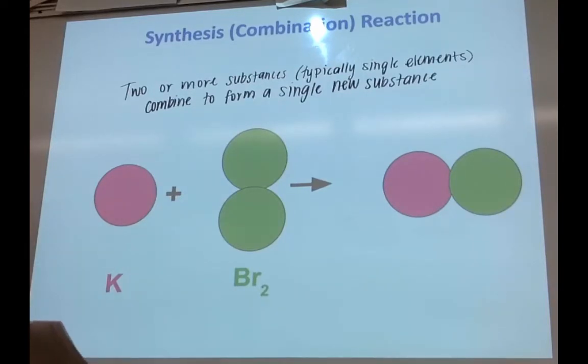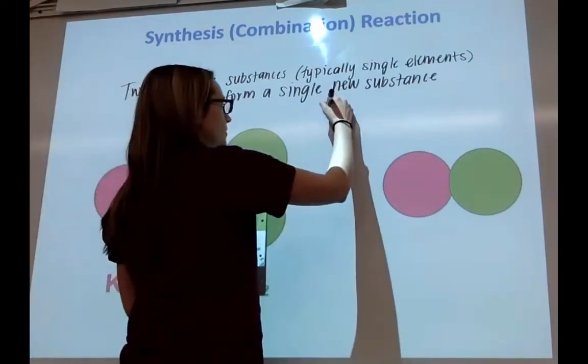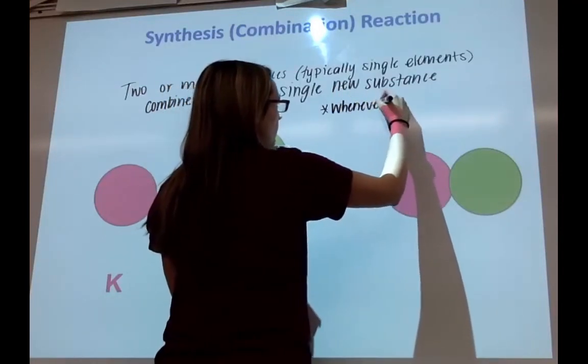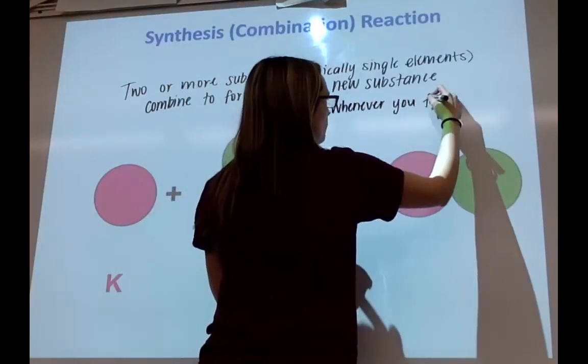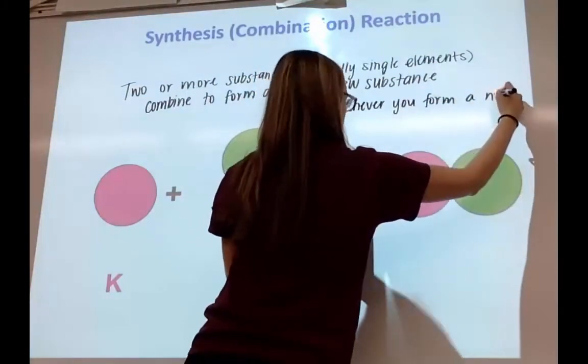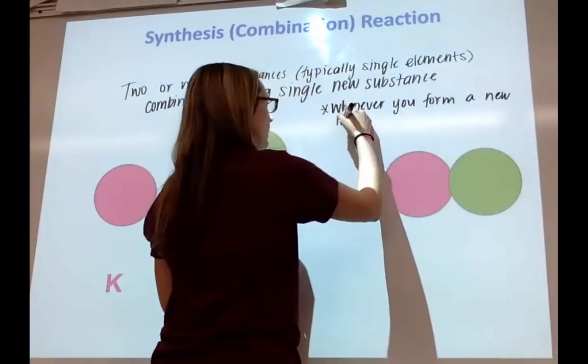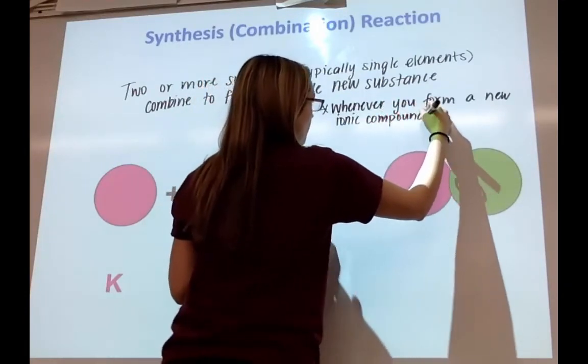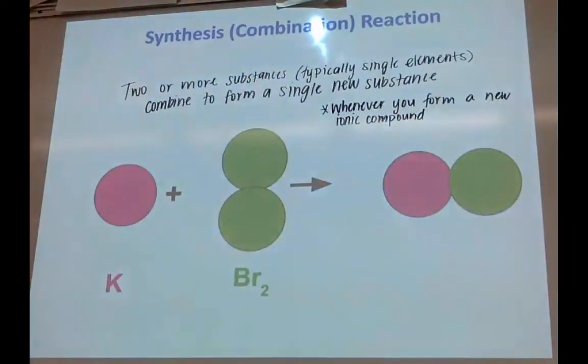Now there are things we have to take into account here. Whenever you form a new ionic compound, so now we're going to get back into crisscross and writing formulas.